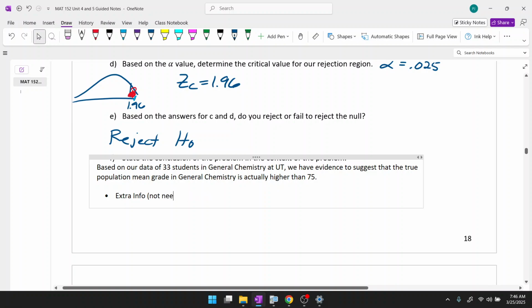You do not need to write this, but I want to indicate what that p-value means.